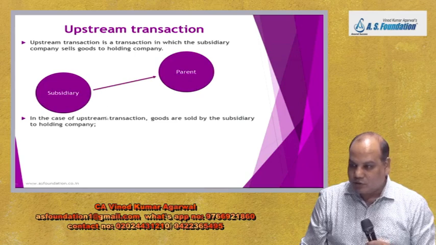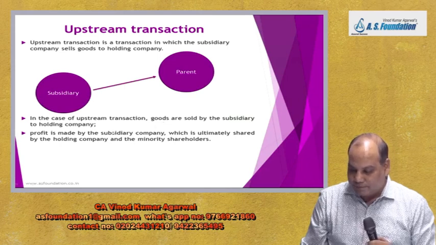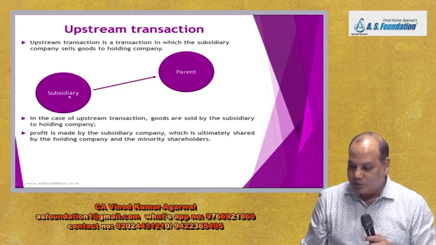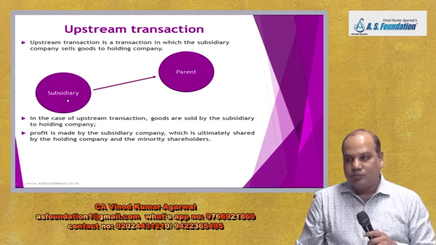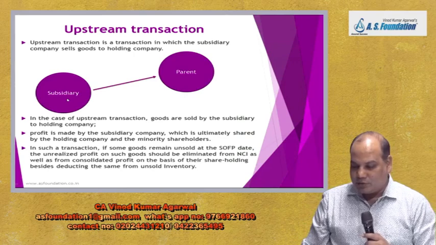Now understand, in case of upstream transactions, goods are sold by subsidiary to holding company. Who has made the profit? Subsidiary. Subsidiary's profit is distributed between whom? Parent and NCI.